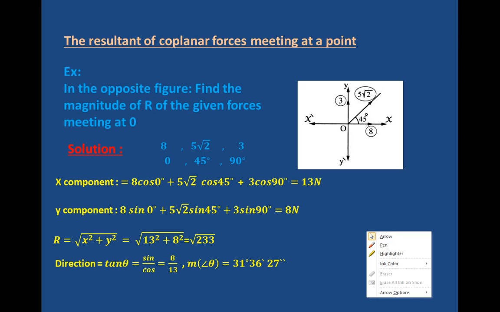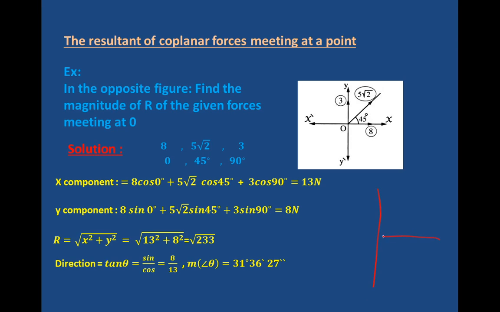Take care. Here both x and y are positive values. Remember that in the first quadrant, the angle theta, for this example, is an acute angle because both the cosine and the sine are positive.